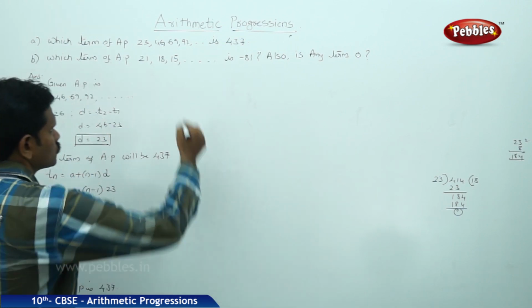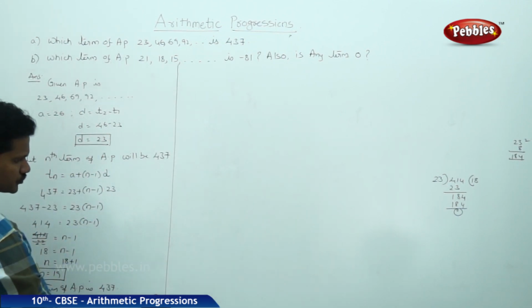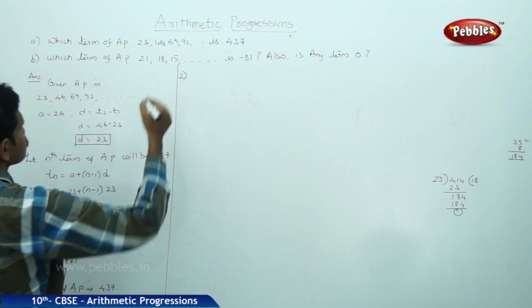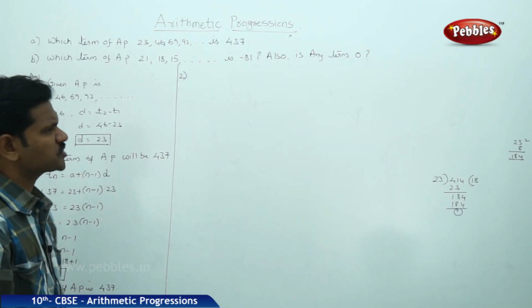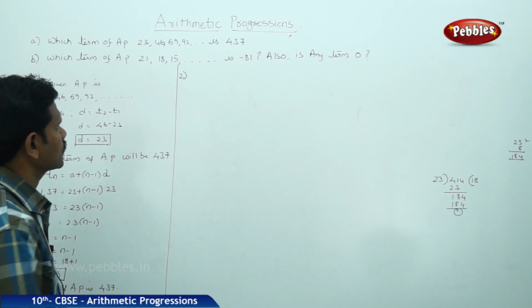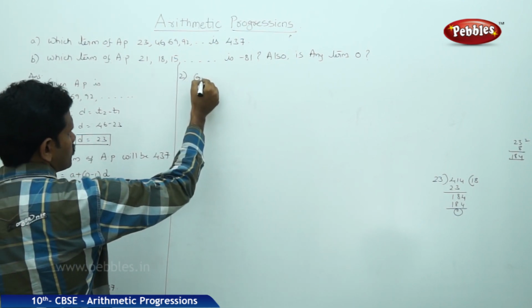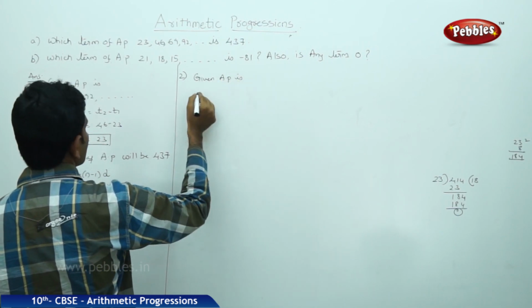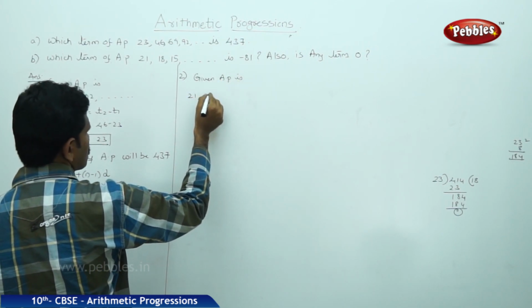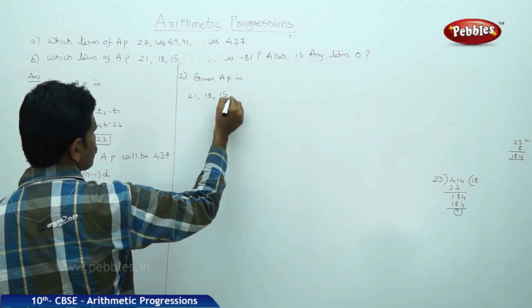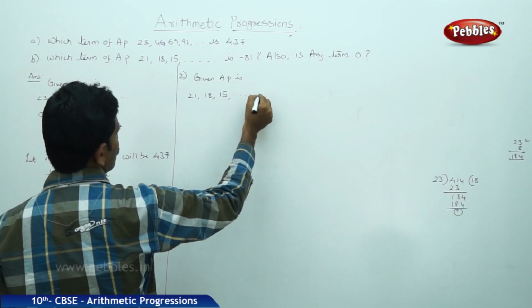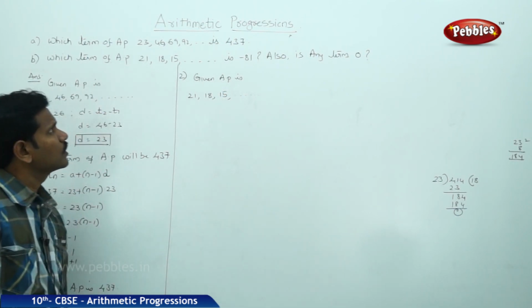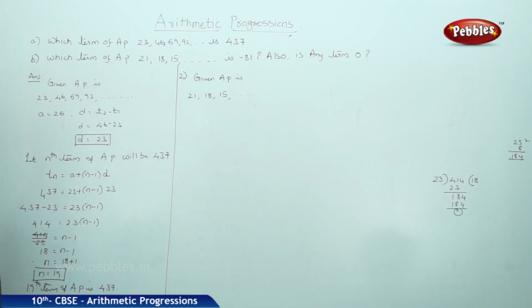Now let us come to example 2. Which term of AP, given AP is 21, 18, 15 and so on. Now please go to the question.